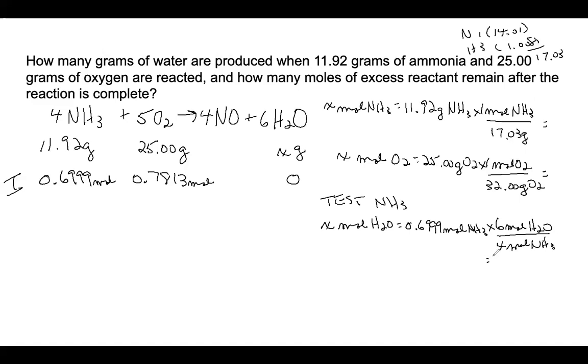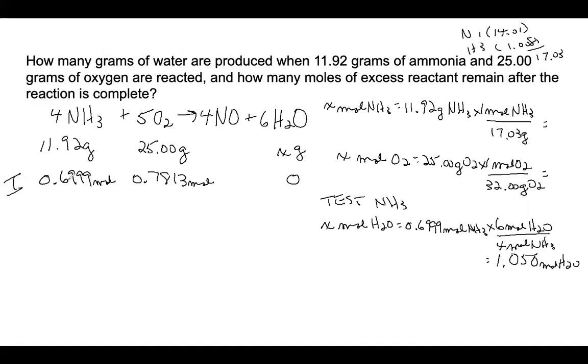Okay, so 0.6999 times 6 divided by 4 equals, oops, I did something wrong there. All right, 0.6999 times 6 divided by 4 equals, all right, so we get 1.050 moles of H2O.